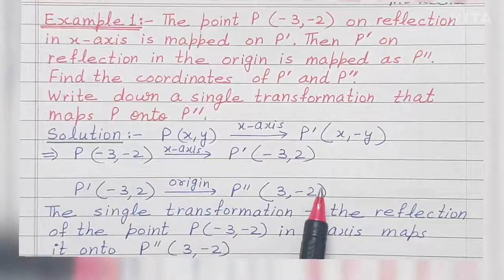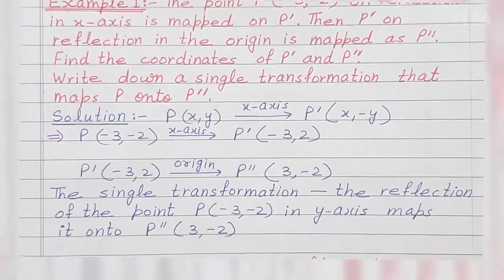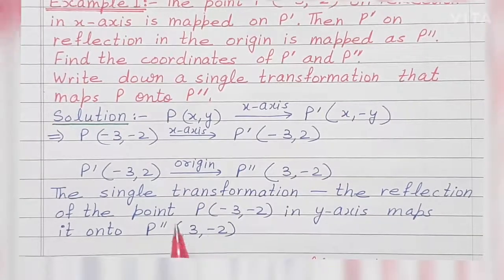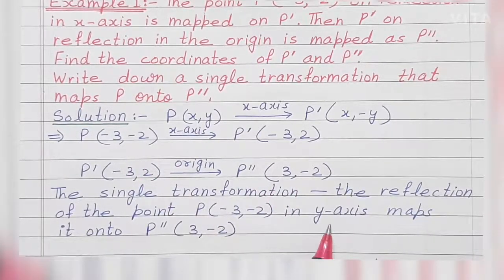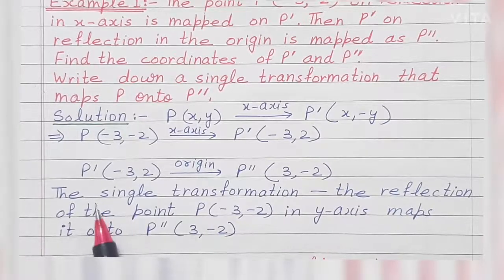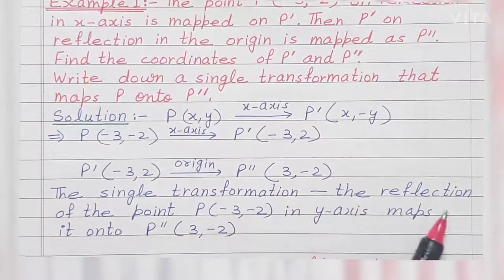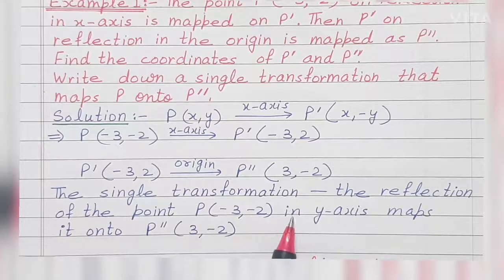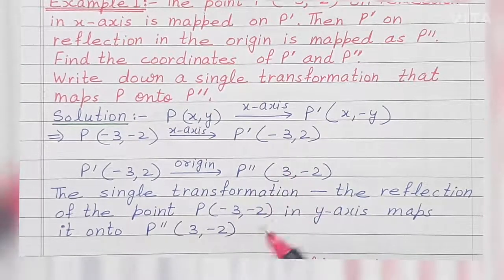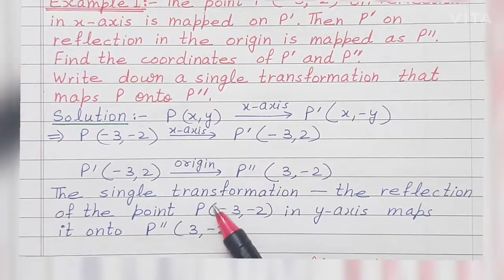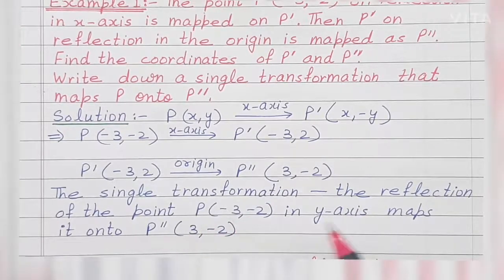The change in the sign here is in x. So when the sign of x changes, that means the reflection is under y-axis. So the single transformation is the reflection of the point P in the y-axis, that maps into P double dash (3, -2). I hope it is clear. This means when you are reflecting P directly into P double dash, then you have to reflect under y-axis.